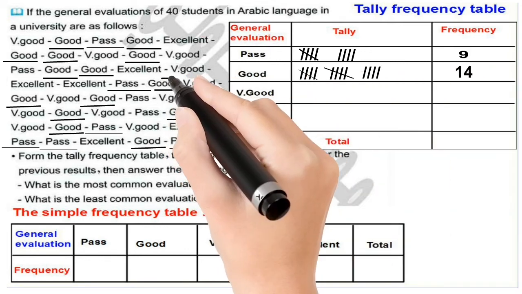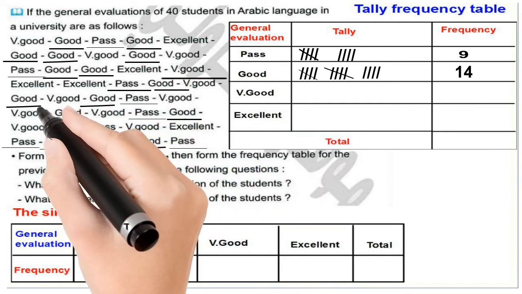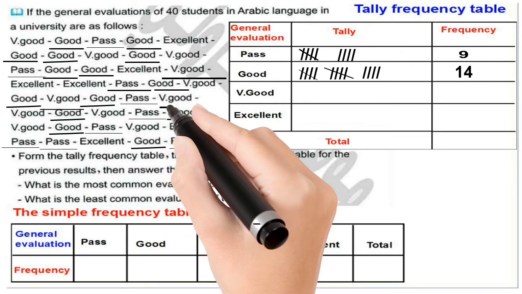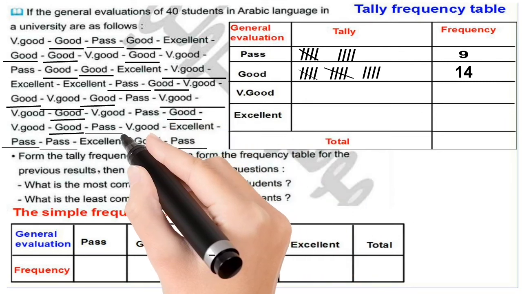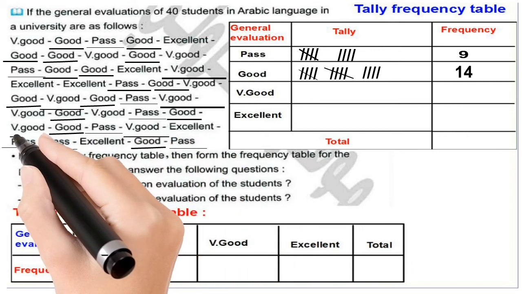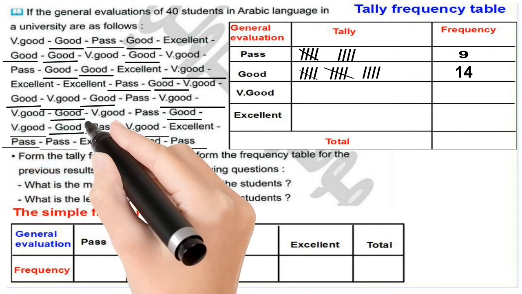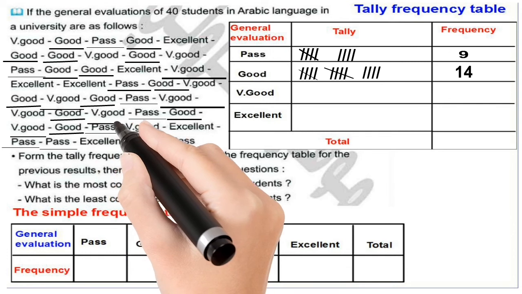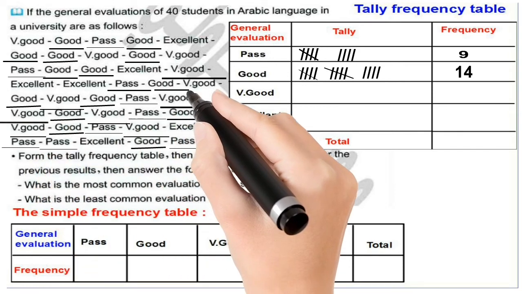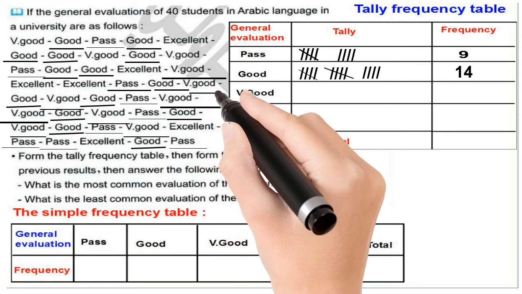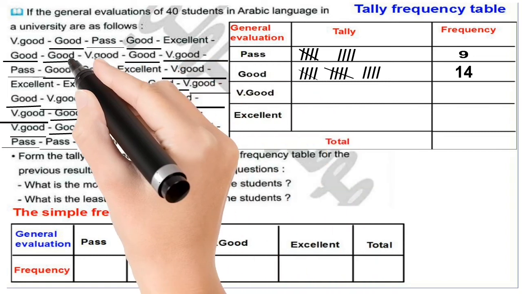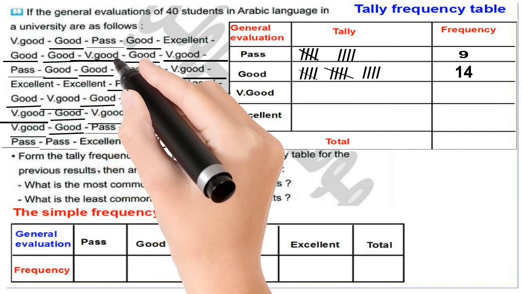And now how many students get very good? 1, 2, 3, 4, 5, 6, 7, 8, 9, 10, 11.